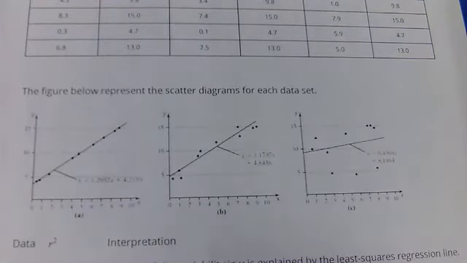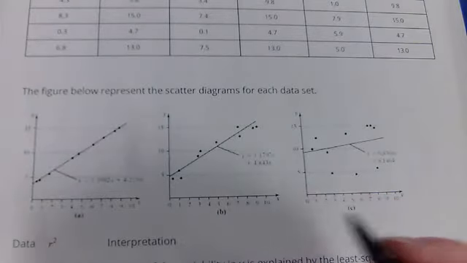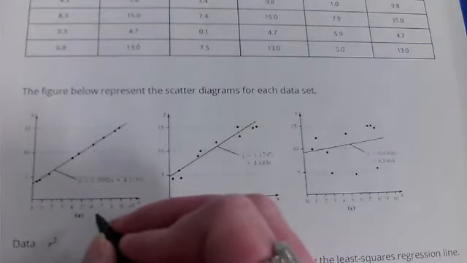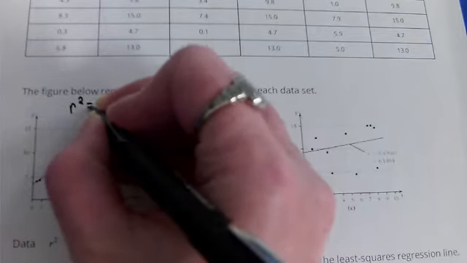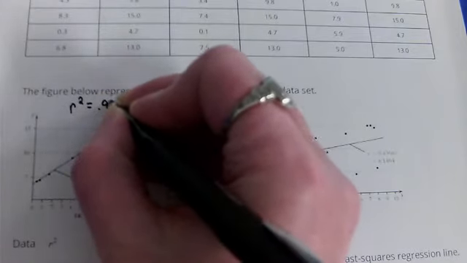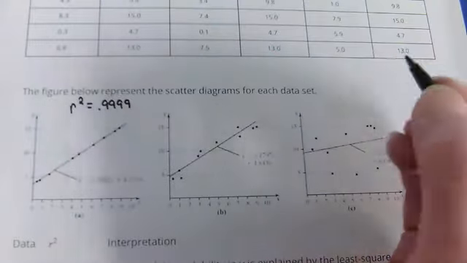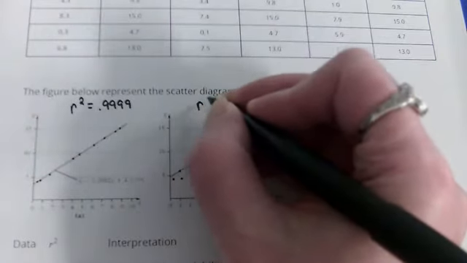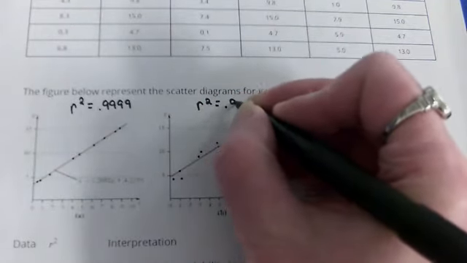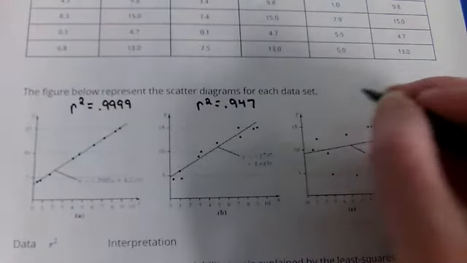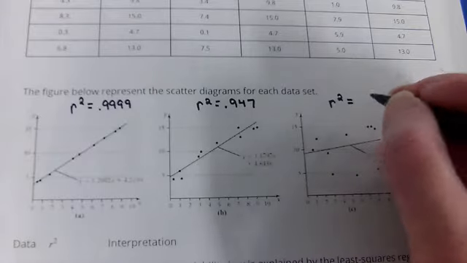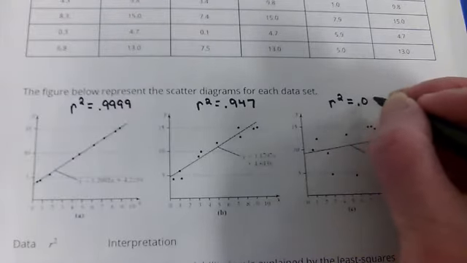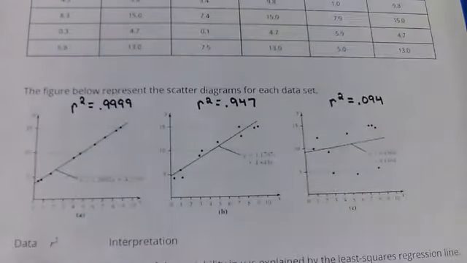Now, what ends up happening is that R squared on this one ends up being 0.9999. The R squared on the next one is 0.947. On the last one, it ends up being 0.094.